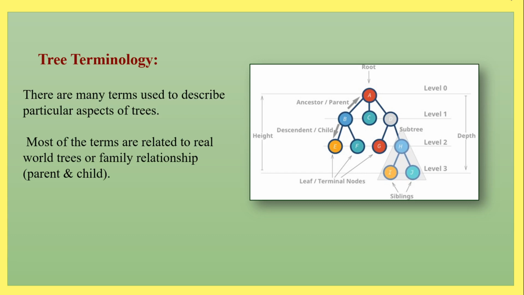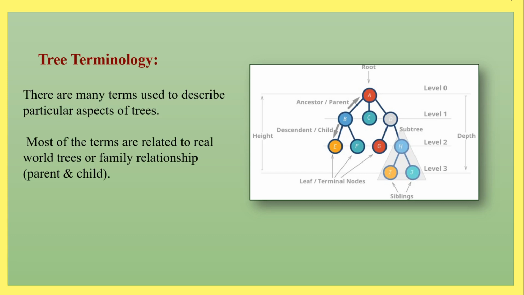Here in this tree, I represented some terminology like root, parent, child, height, depth, level, subtree, siblings, leaf, terminal nodes. Most of these terms are related to real world trees or family relationships like parent and child.